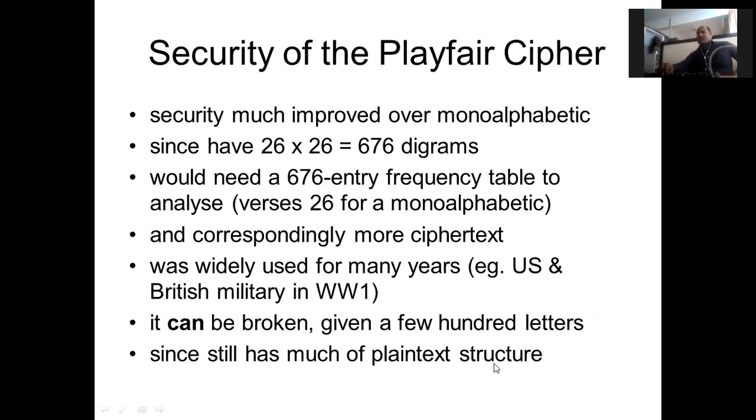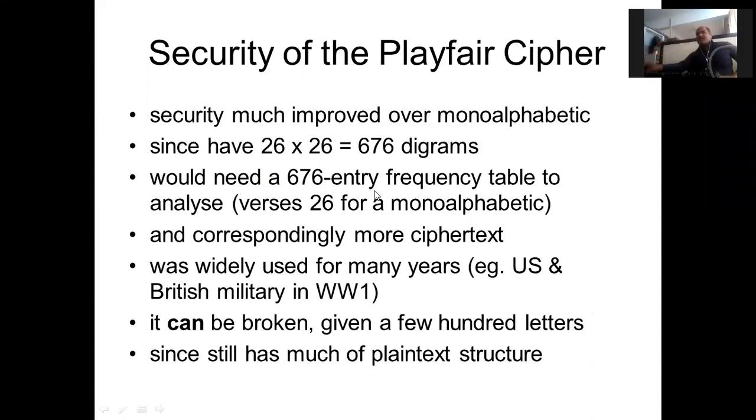Now, what is the security of the Playfair cipher? It is improved over monoalphabetic, since we have 26 by 26, equal to 676 digrams.